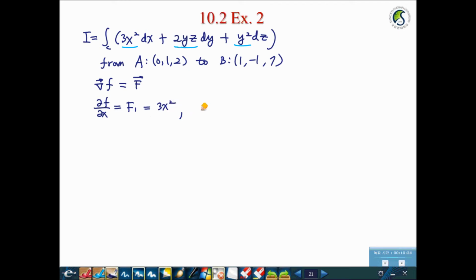And df over dy is F2, which is 2yz. And df over dz is F3, that's y squared. I just used this relationship.